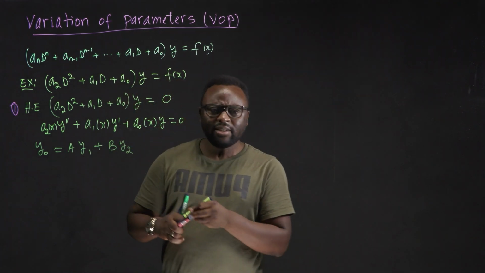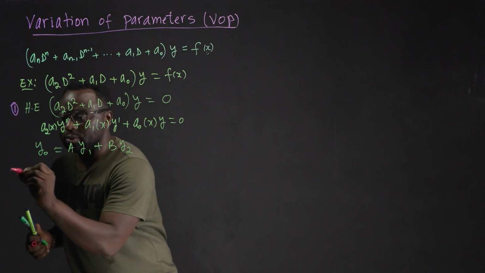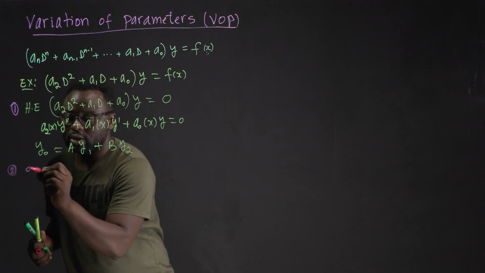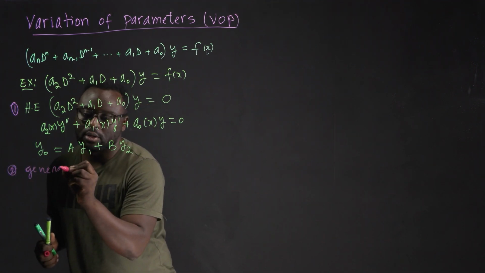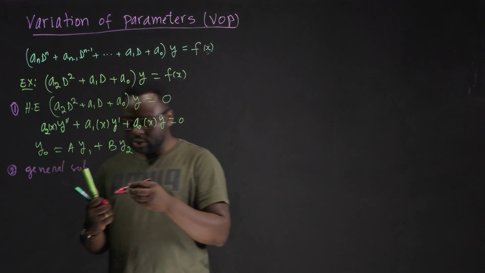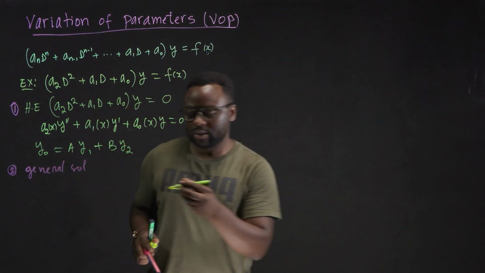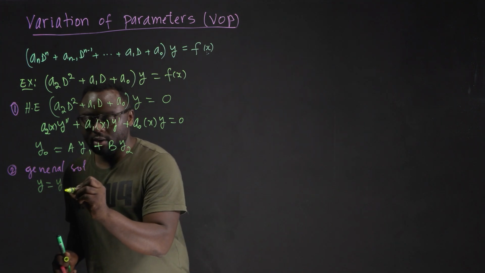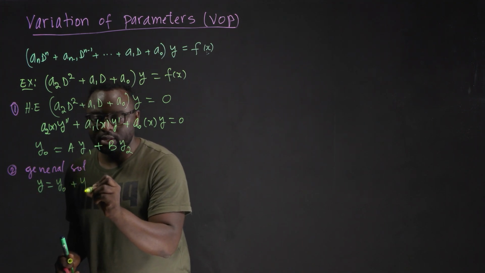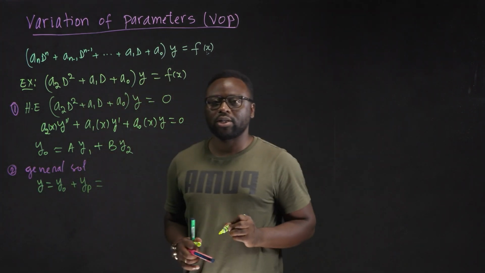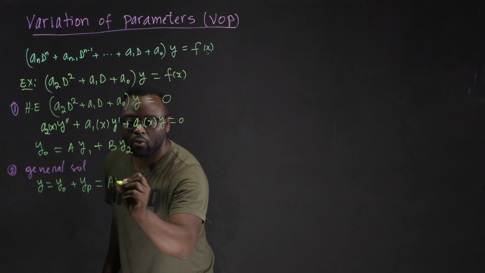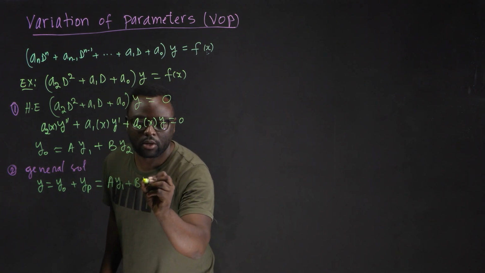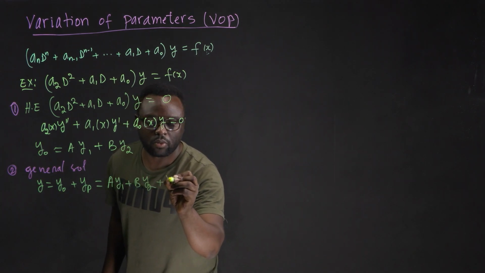All right, for the second step, we have to find the general solution. For the general solution here, we consider that the general solution is y equal to y0 plus yp. Okay, yp is a particular solution. So this is a y1 plus b y2 plus yp.